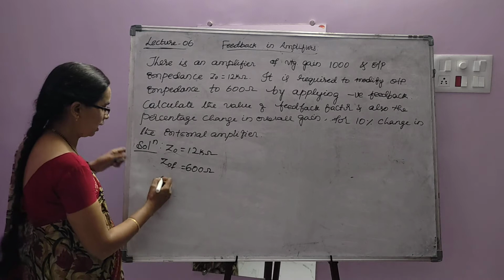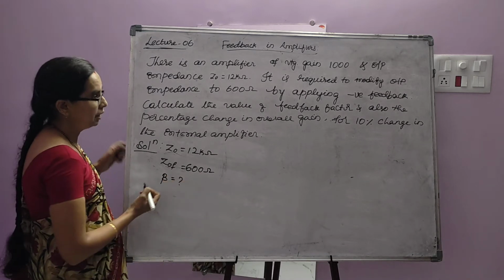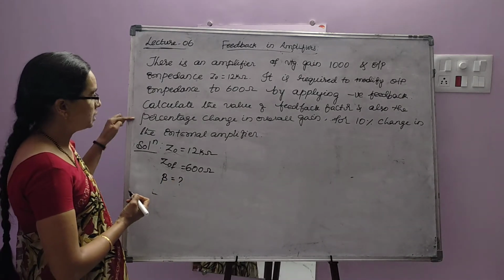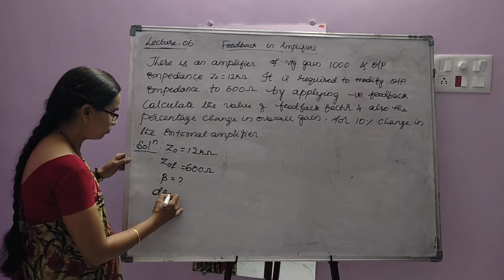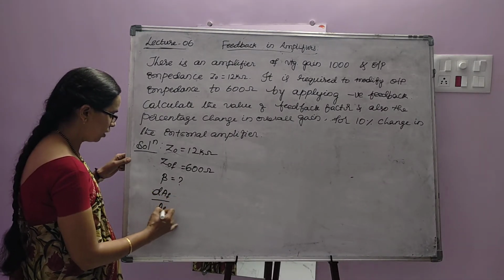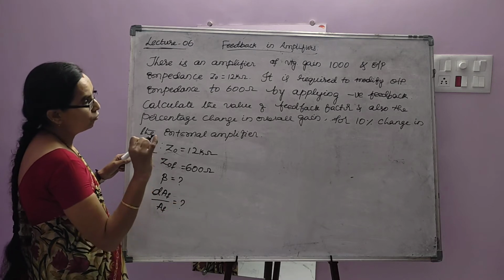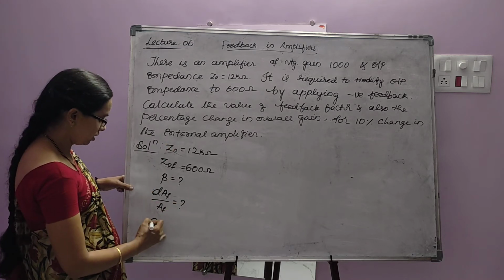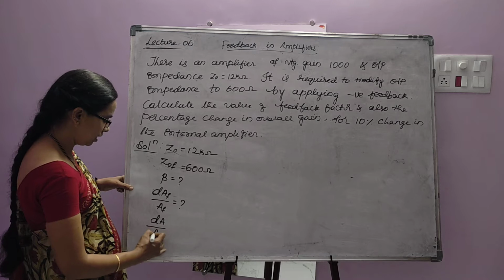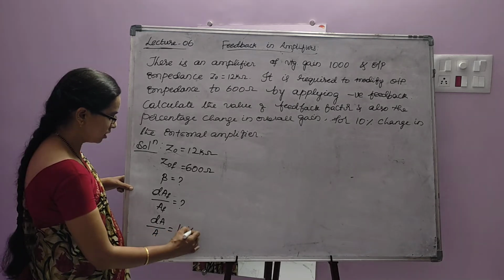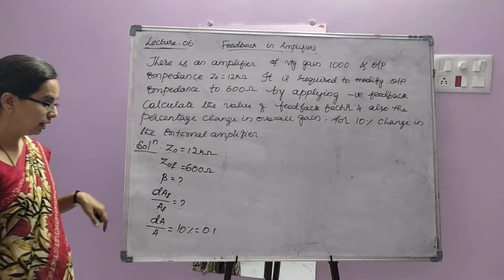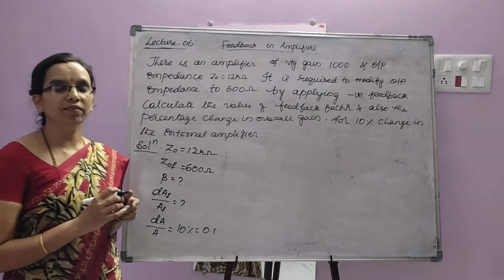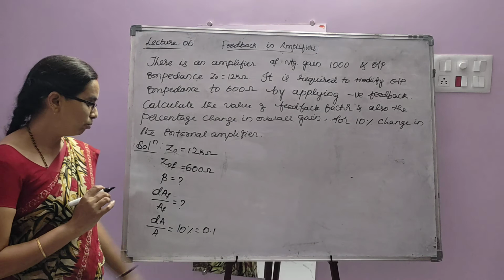We have to calculate beta, and also the percentage change in overall gain, that is dAf by Af. For the 10% change, that is dA by A equal to 10%, you can write 0.1. 10% in the sense 10 divided by 100, that is 0.1.